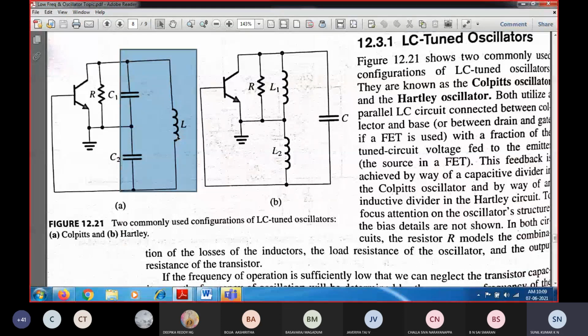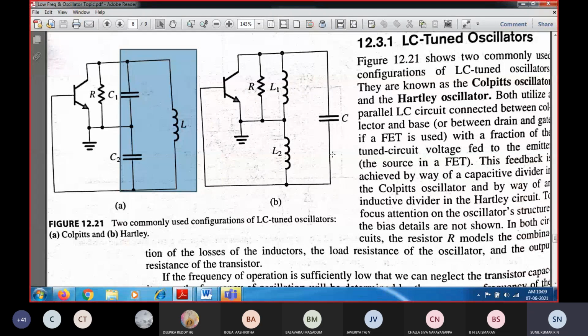The L and C combination can be done in two ways: a capacitor divider or an inductor divider. So we can have two types of LC tank circuit, one called the Colpitts oscillator and the other the Hartley oscillator.